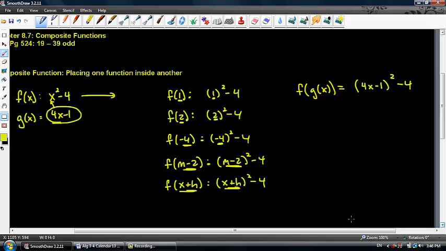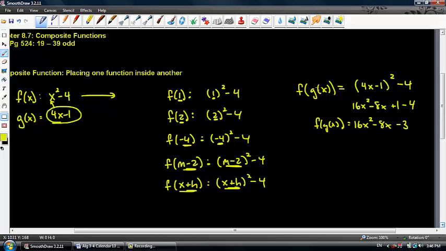Now this I'm actually going to evaluate. 4x minus 1 quantity squared is 16x squared minus 8x plus 1 minus 4. Now we can further simplify that into 16x squared minus 8x minus 3. And that is what f of g of x equals.